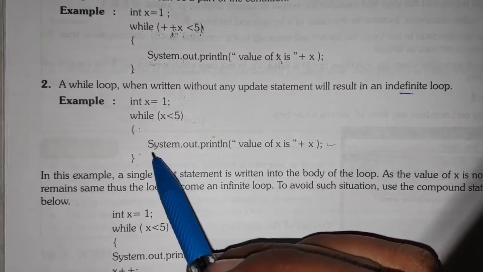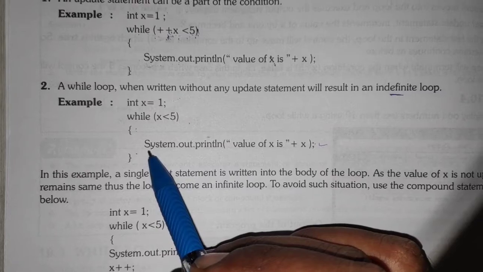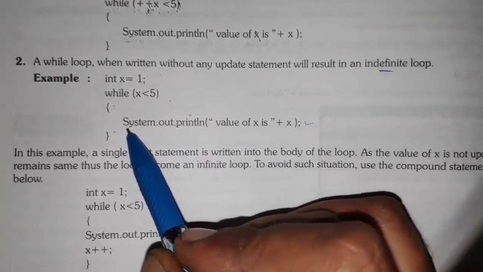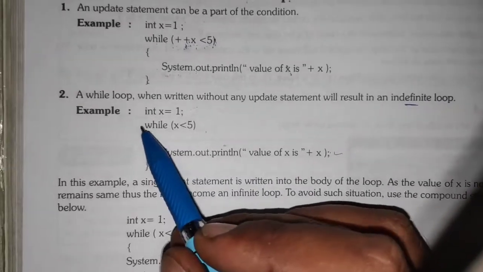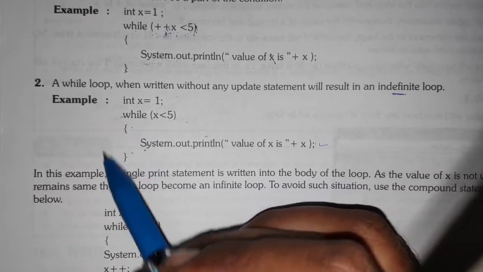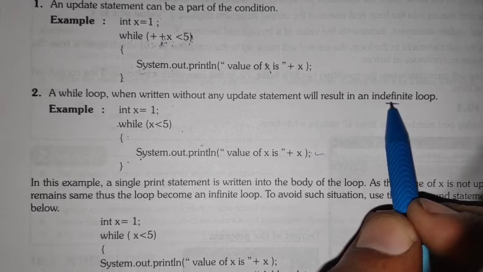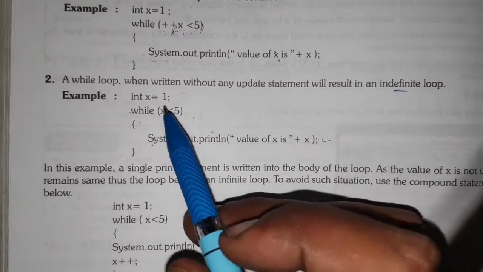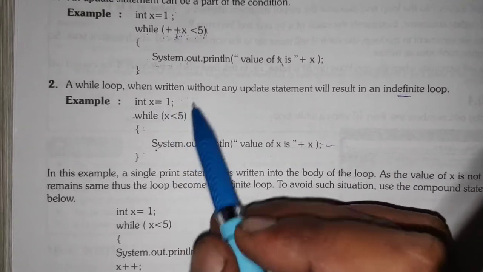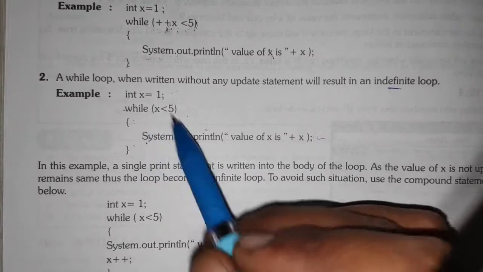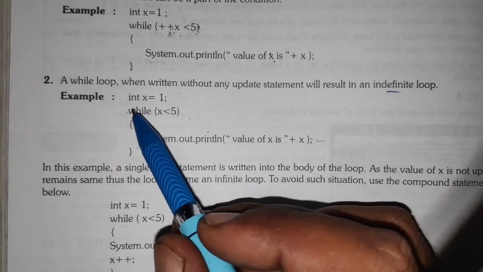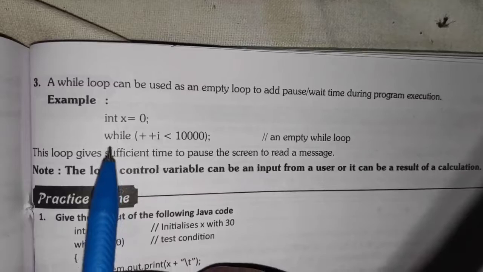Here you can see the condition is there, initialization is there, but the update part is not written, neither inside the body nor inside the condition. So this loop will become infinite, because every time the value of x will remain 1, and every time the condition will be true, so the loop will continually work, because a false condition will never come.